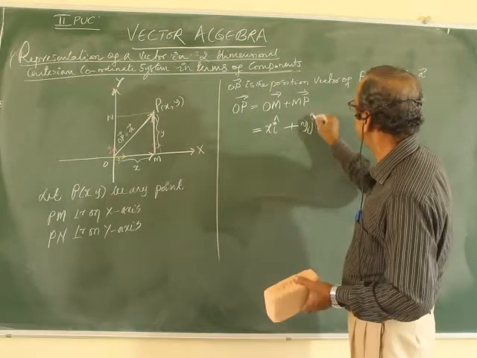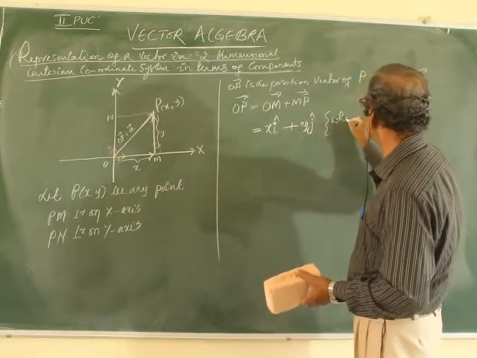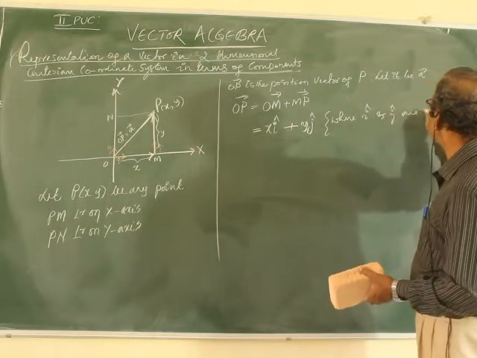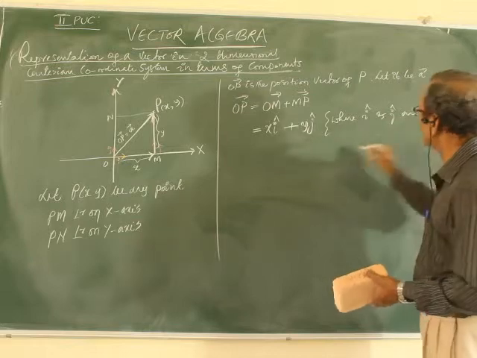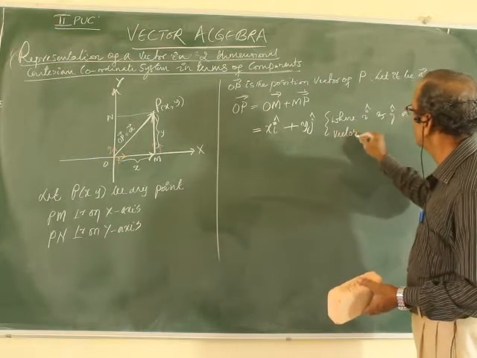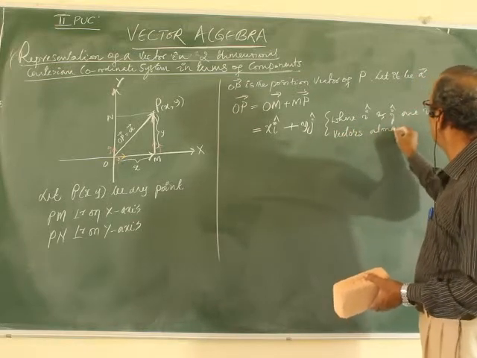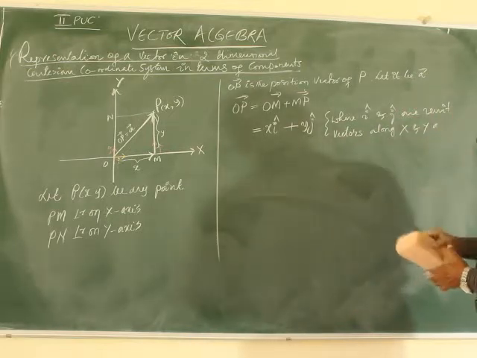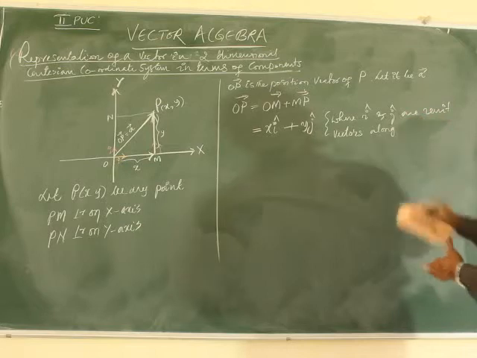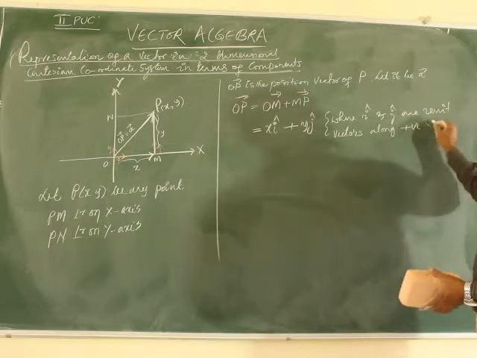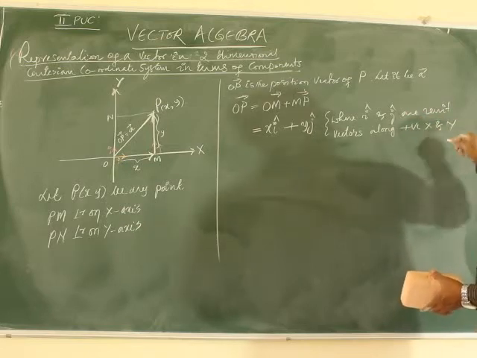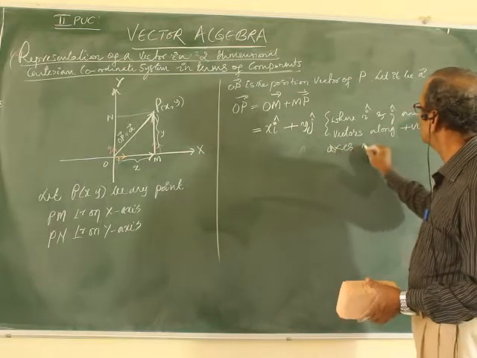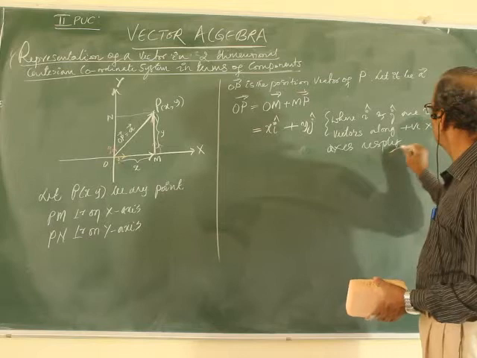It is y into j cap, where i cap and j cap are unit vectors along x and y axis respectively.